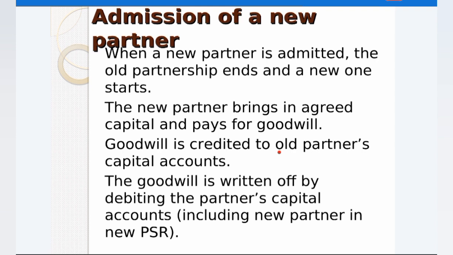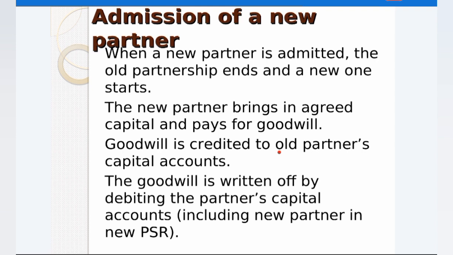Now, you may want to write the goodwill off. Remember, when you create the goodwill, the beneficiaries are only the old partners. The amount that is paid by the new partner as goodwill is shared amongst the old partners in their old profit sharing ratio.